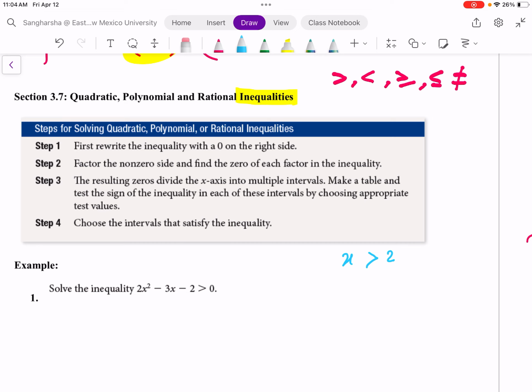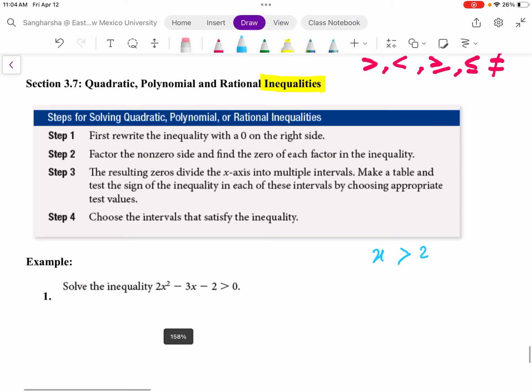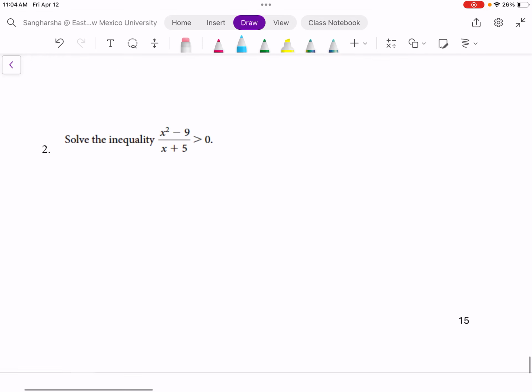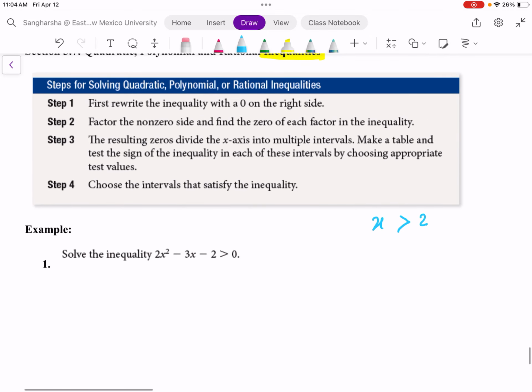So we have these steps for solving quadratic, polynomial, and rational inequalities. At first, let's solve this example. Let's go to step 1. Step 1 tells us to first rewrite the inequality with a 0 on the right side.